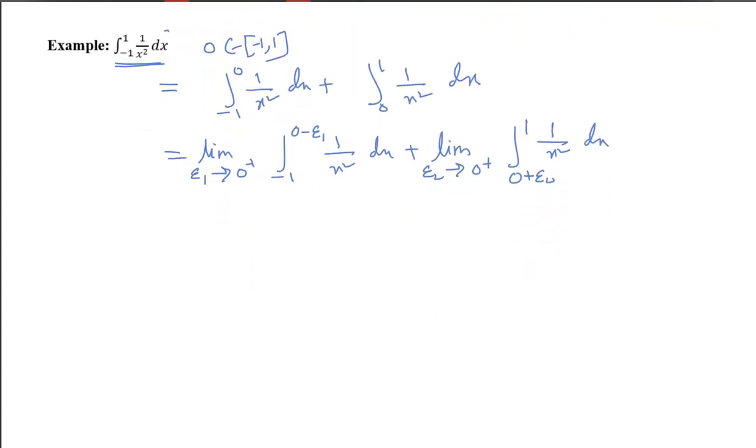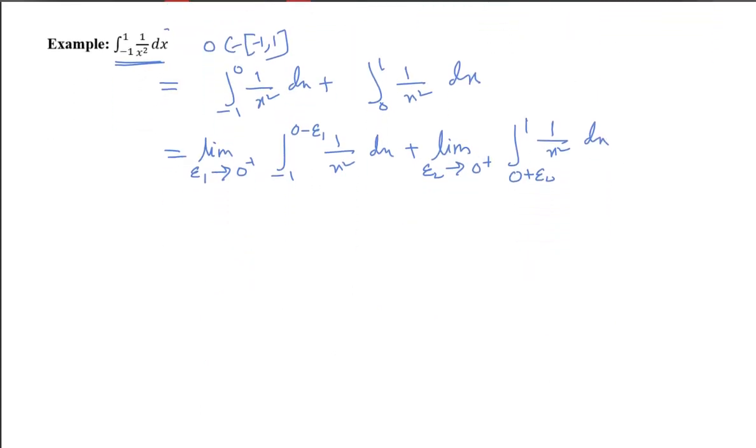We'll write like this. Then you need to find, this is I1, this is suppose I2.